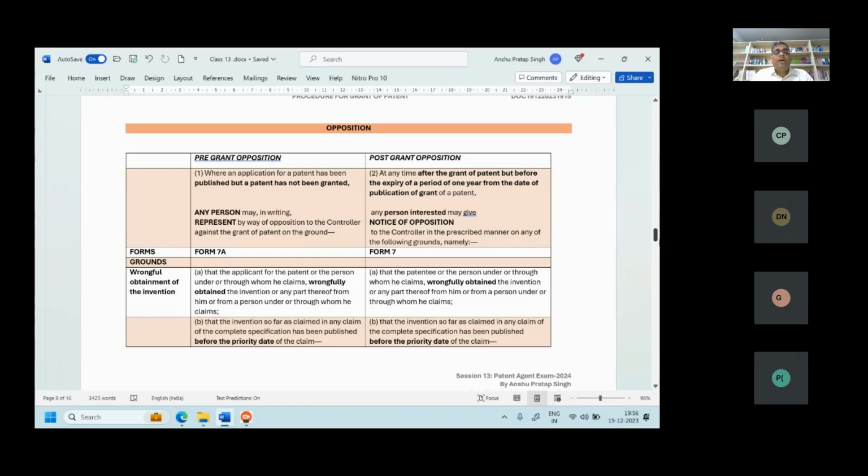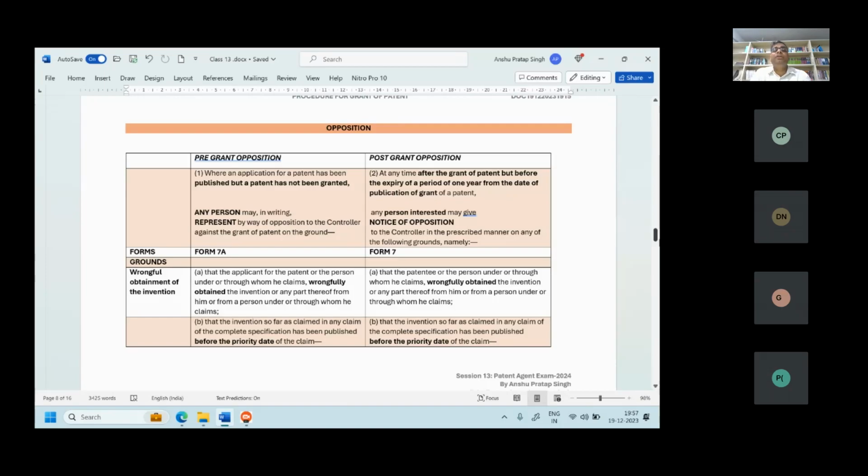When. Then, if suppose after that you want to oppose a patent, which proceeding you will take? Revocation. Then you have to go for revocation. So pre-grant opposition, post-grant opposition. These are the two things. So any person in pre-grant opposition, you are making a representation because you are representing. That's why it is called representation.